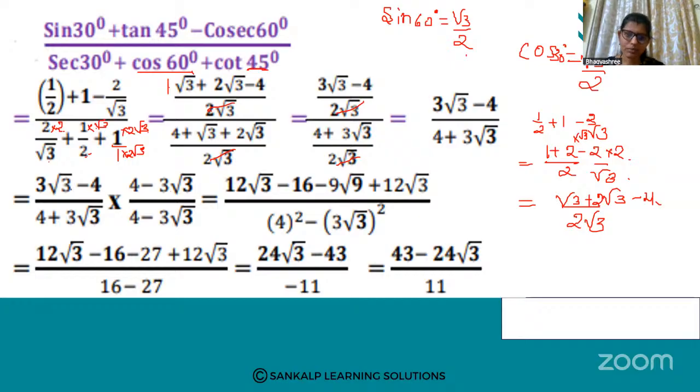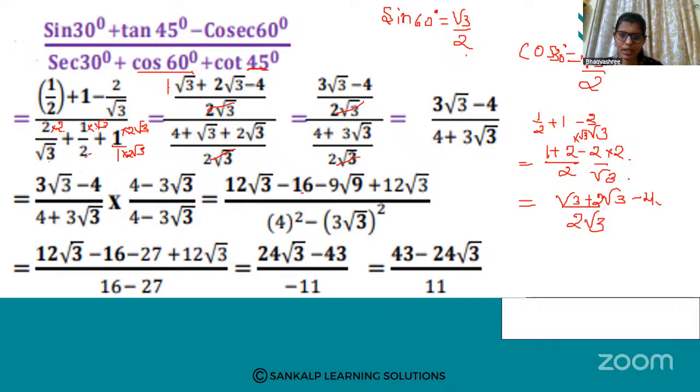Next, now this is 3 root 3 minus 4 into 4. 3 into 4, that is 12 root 3, minus 4 into 4, 16.